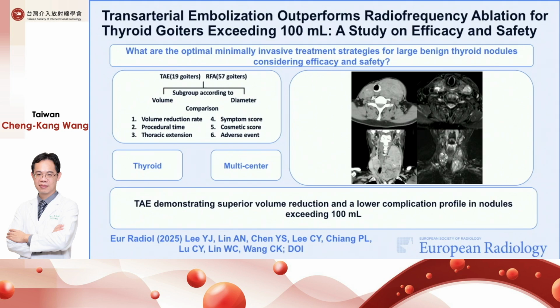This multi-center study included 90 patients who underwent TAE and 57 patients who received RFA. Subgroup analysis was performed according to nodule volume and diameter to compare volume reduction rate, procedure time, thoracic extension, complications, and symptom and cosmetic score.